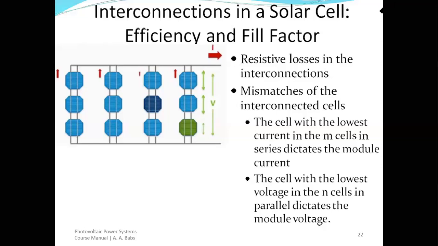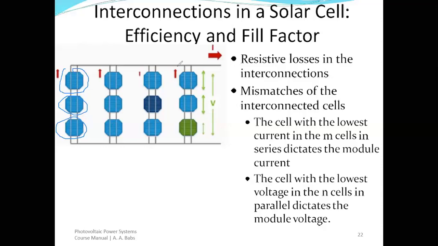What you will find out is that here, this is a solar cell. This is a solar cell here. This is a connection of solar cells here, and this is a collection of solar cells. All of these connections make up a module.